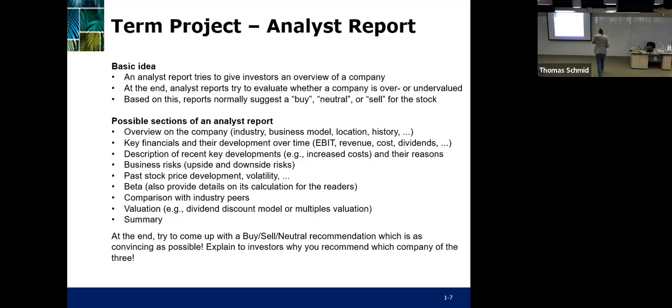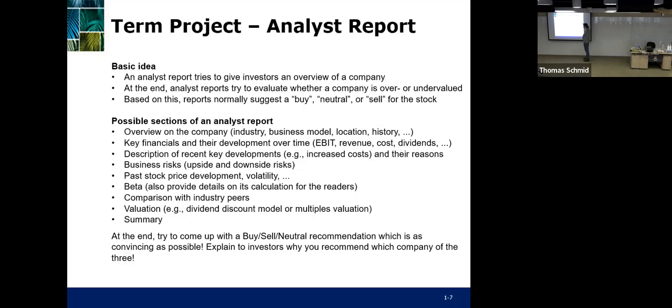So how can you come up with a recommendation like this? It's really very, very different how different analysts and different analyst reports look. It's not like there is one template or one structure or one size fits all approach. So what this shows you are possible sections that are often included in analyst reports.